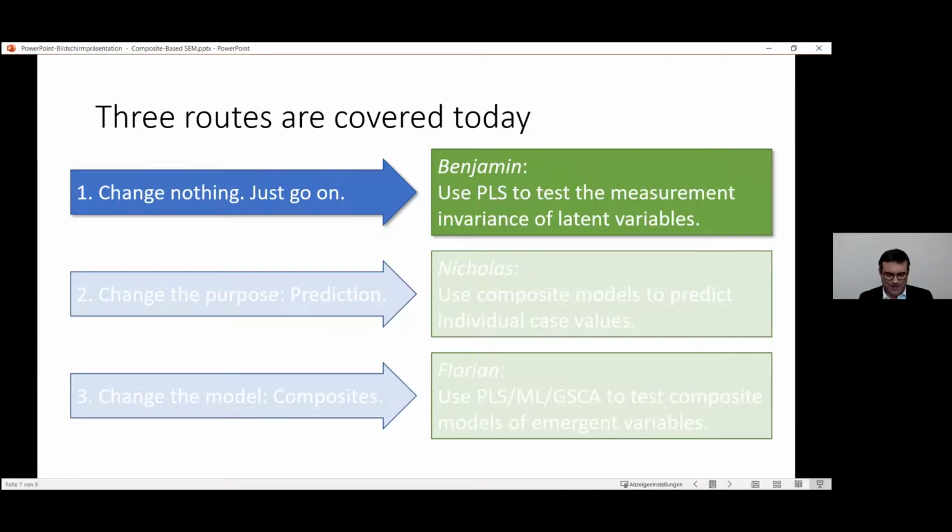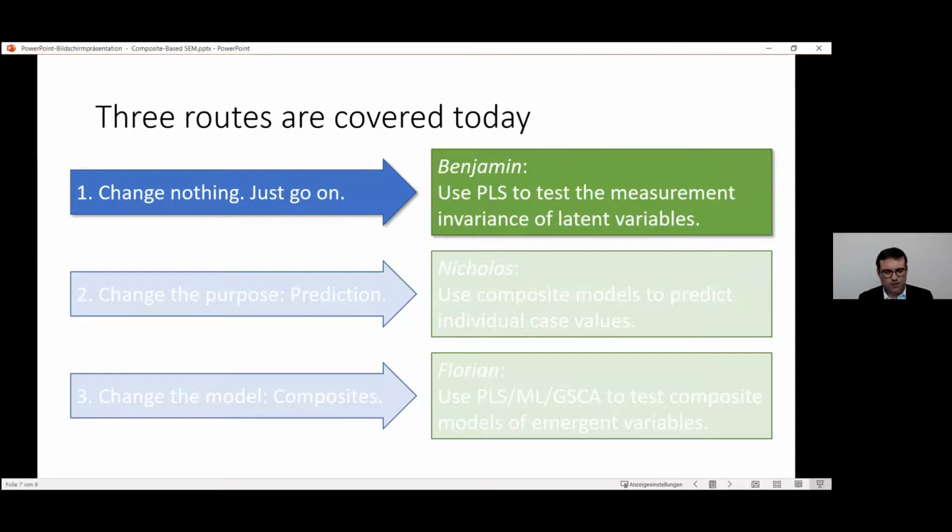Then I'd like to come to Nicholas, and I think that is the route that you're following, the prediction approach for PLS, that is certainly worth further investigation. So there is something, or there might be something, to win in there. And I therefore see it with pleasure that there's a growing research group looking into the opportunities there.